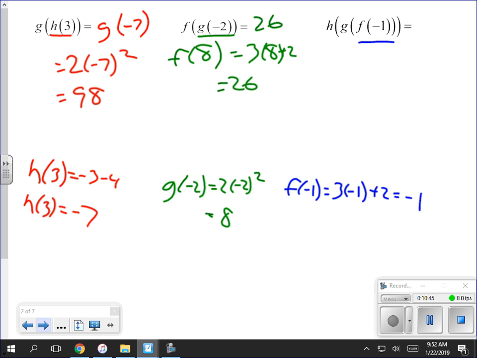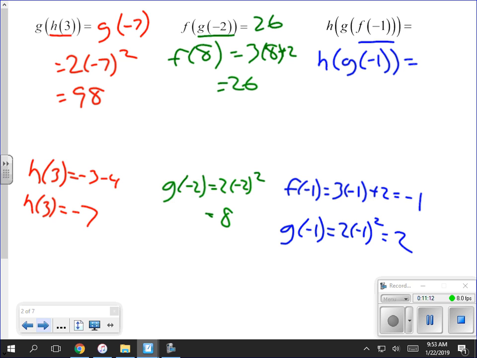So that means h of g of f of negative 1 is h of g of negative 1. Because f of negative 1 is negative 1. So what do I need to do? I need to find g of negative 1. g of negative 1, 2 times negative 1 squared, is 2.